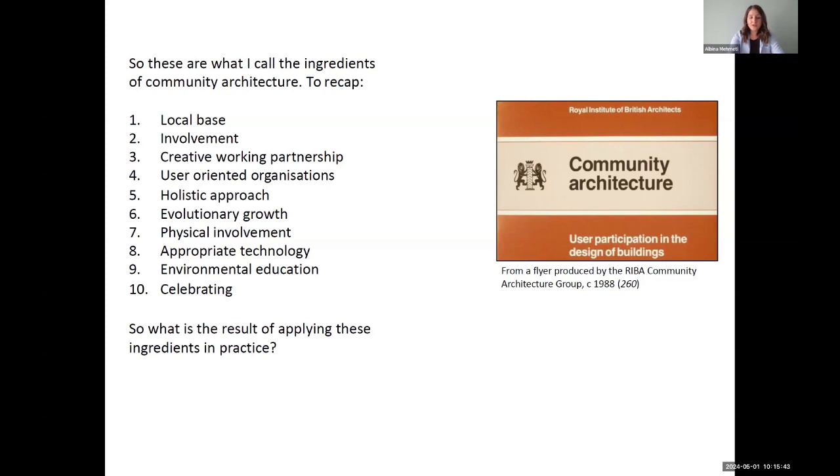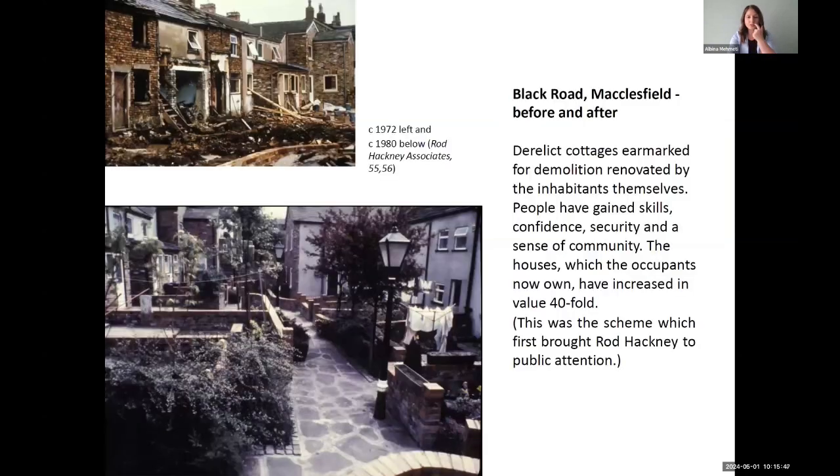So we will also be seeing them applied in practice, such as here, for example, the Black Road before and after, where by the help of the community, all the surrounding benefited from this shaping of landscape. People gained skills, confidence, security, and a sense of community. Also, the house which the occupants now own has increased in value, and also their own surrounding.